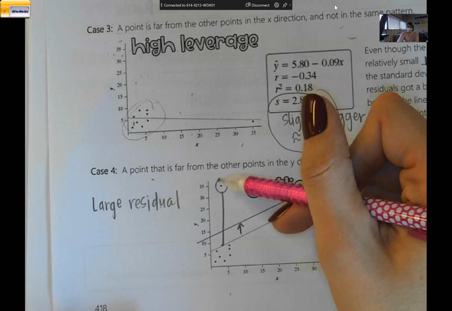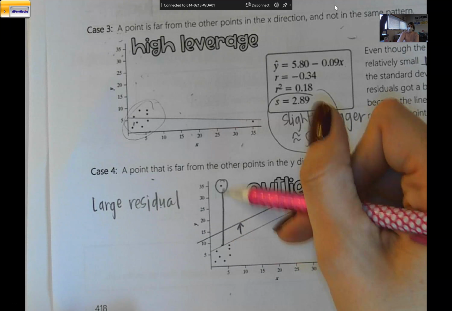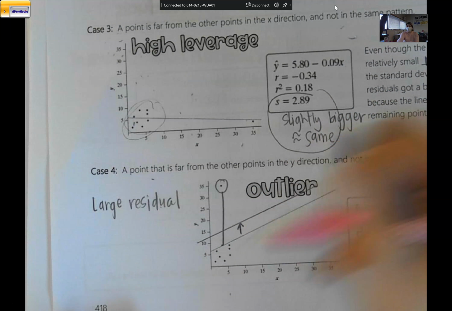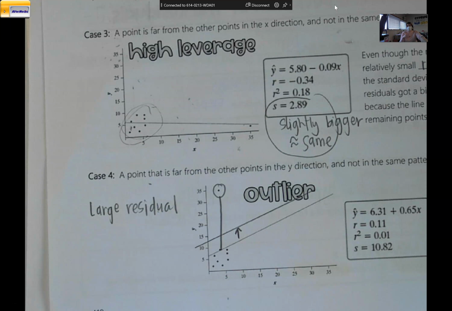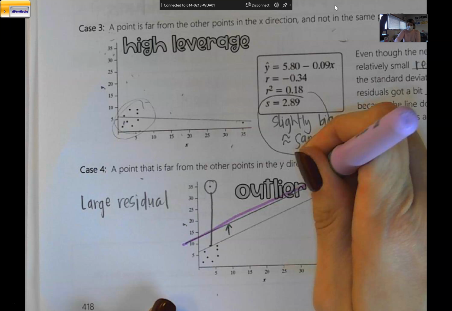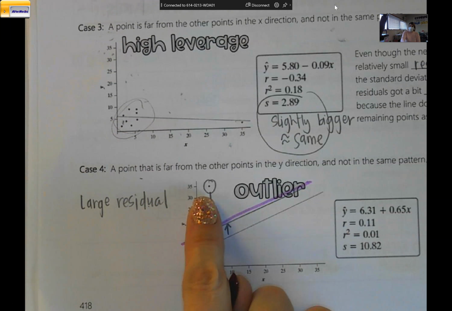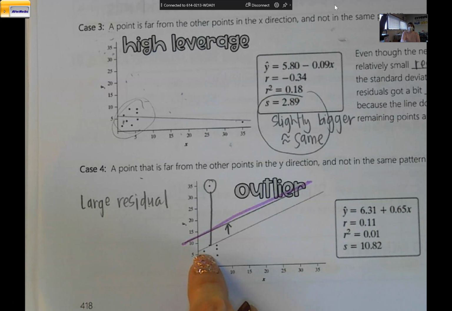It is in the same area that the other x values are. The only thing that's different is the y value. So it takes that line and pulls it up. Keeps the slope, just changes where it's at. The reason why that is, I keep saying it and I'm hoping that it's sinking in, is because this x value is in the same interval as the other ones.